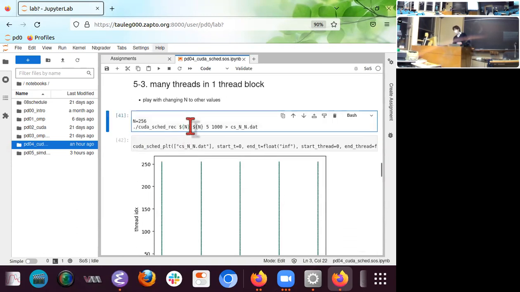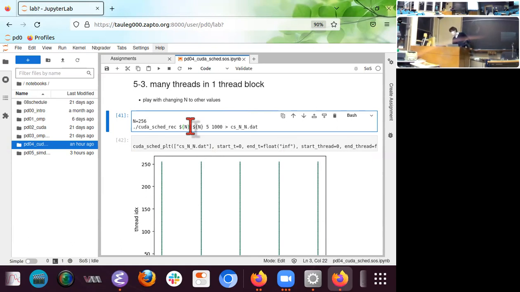So let me do another experiment, another way of changing the total number of threads. The last time I was keeping the thread block size at 1 and only changing the number of thread blocks. That's why you see these threads executed on different streaming multiprocessors.